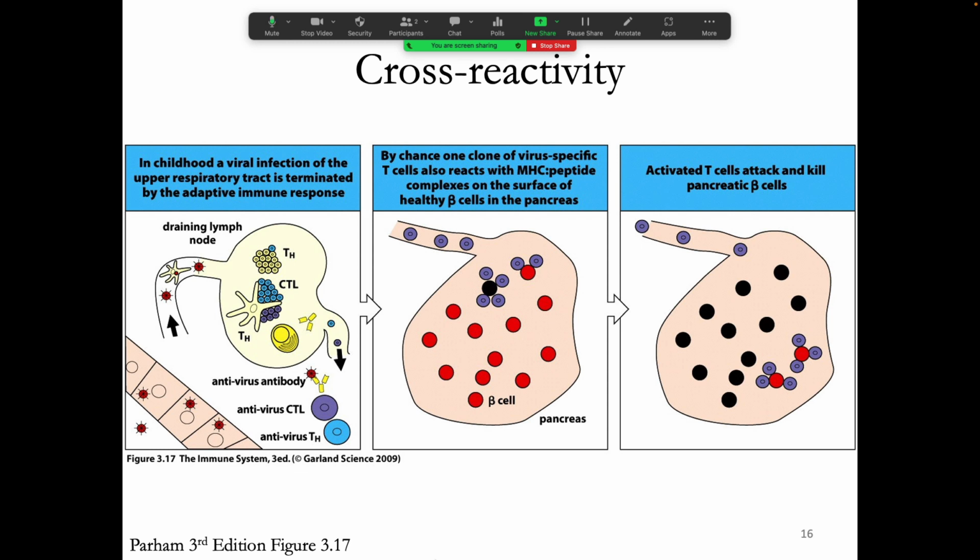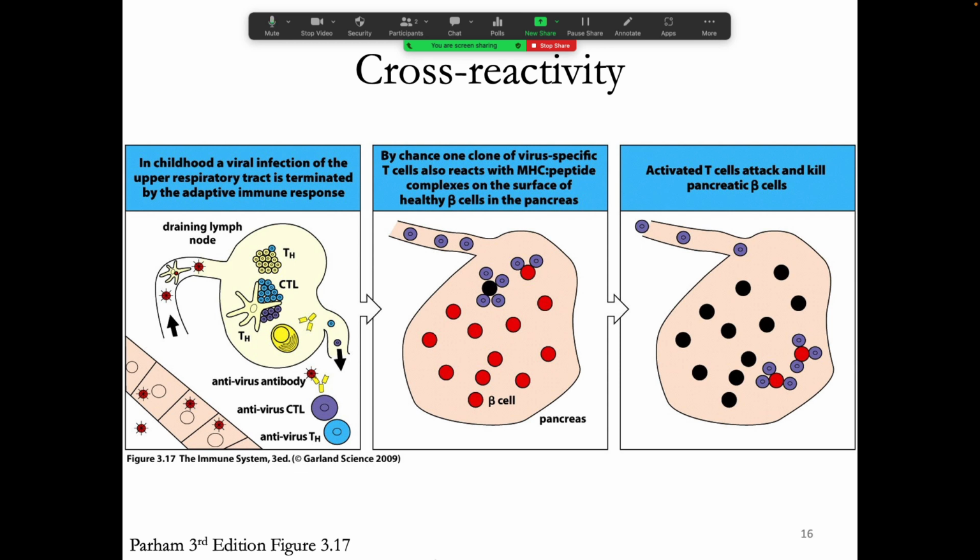So you sort of have to have the unluckiness of having the wrong MHC type so that you can present the cross-reactive antigen, and getting this particular virus. So maybe you have that MHC type, but you never get that virus in your life, so you're fine. Maybe you get that virus in your life, but you don't have the MHC type, so you never have a response to this cross-reactive epitope. So you can see multiple things have to happen to make this work.